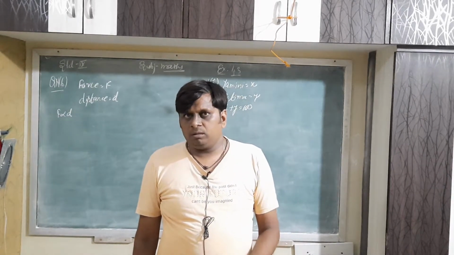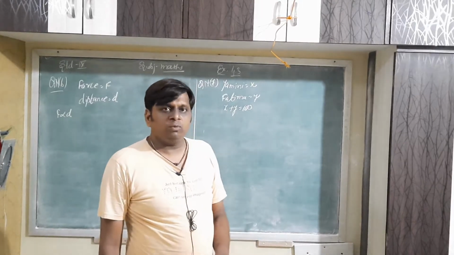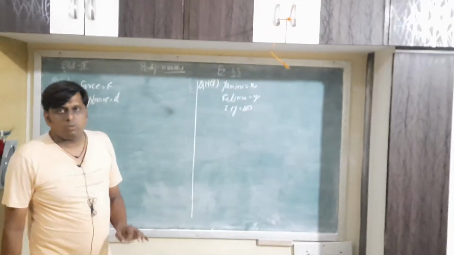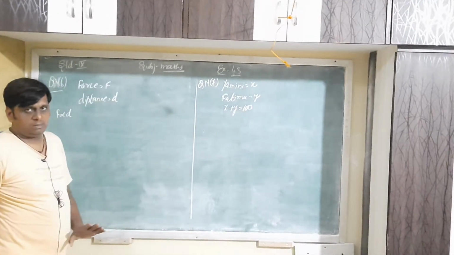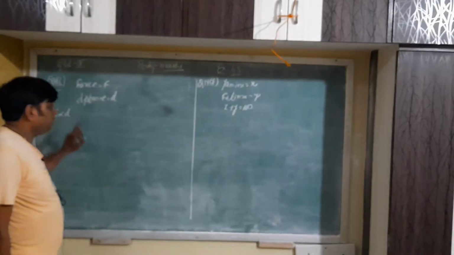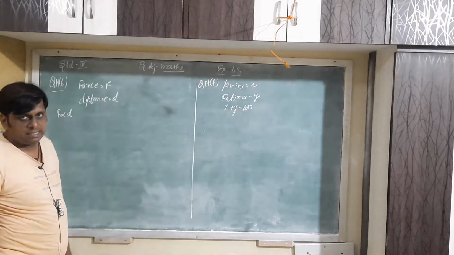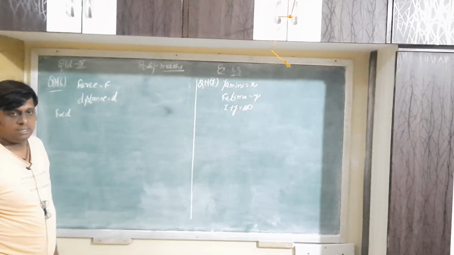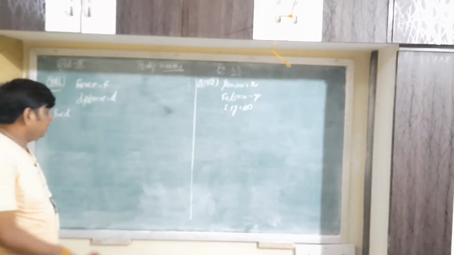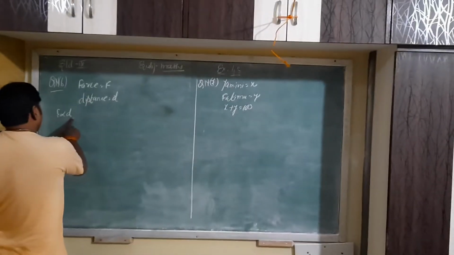If you apply less force, then the body also covers less distance. So the force is directly dependent on d. This sign is called the proportional sign. So F is directly dependent on d.